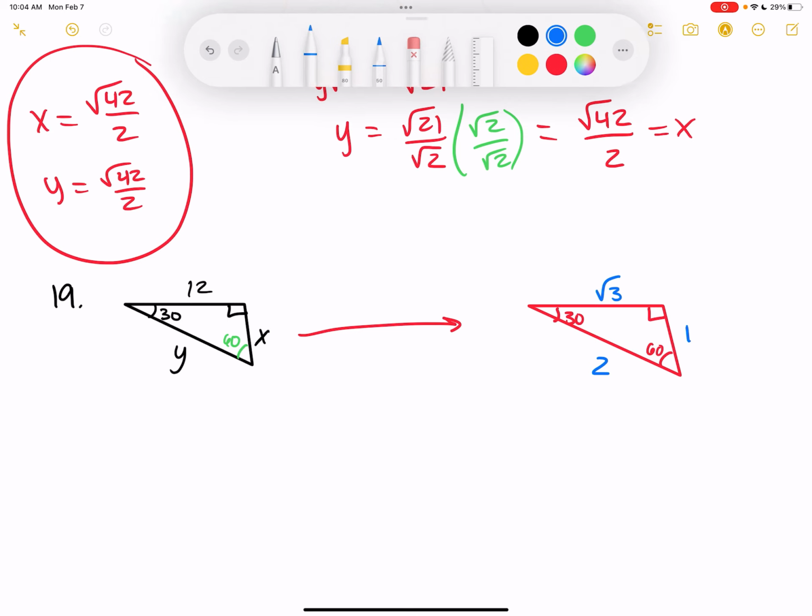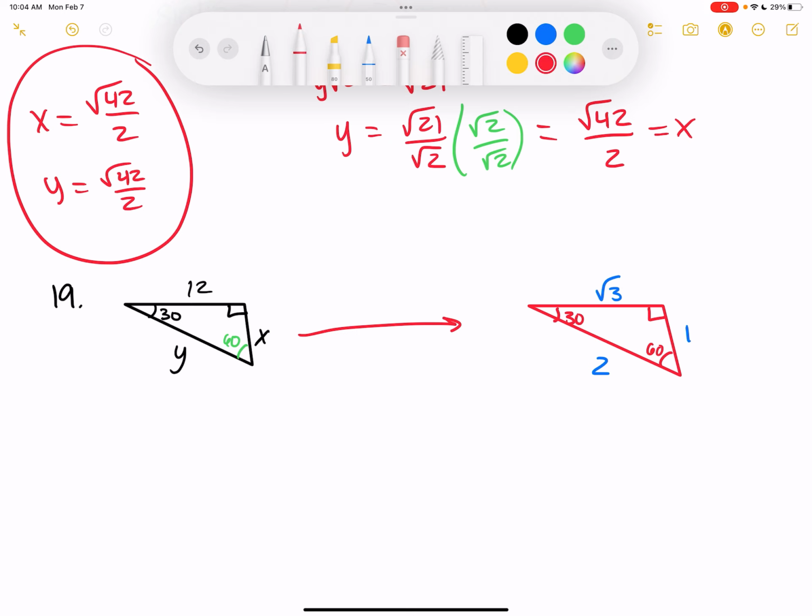So we're going to use the cosine of 30. Obviously we're not actually taking the cosine of 30, but that's going to give us adjacent 12 over hypotenuse, so 12 over y is equal to, on the other one of 30, square root of 3 over 2.